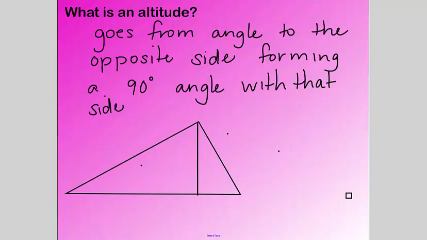So the altitude would come down, and I'd have a 90-degree angle over here formed. It doesn't create any congruent parts other than the two 90-degree angles.